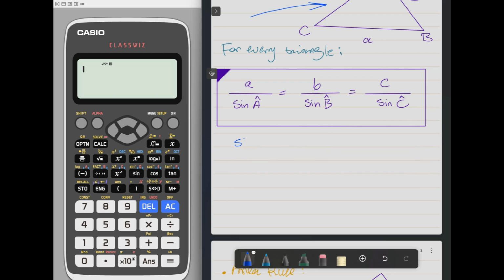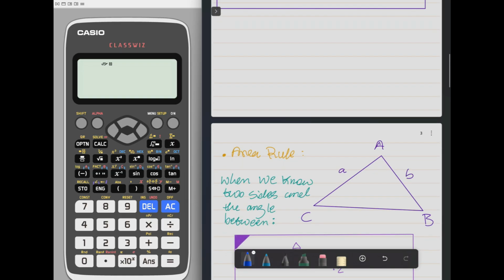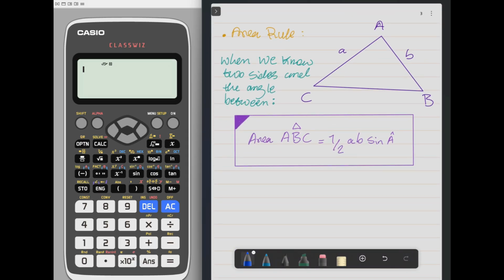You can just do the cross multiplication and find the sine, the angle, or the side.